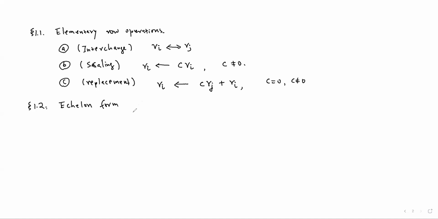But echelon form is not the simplest form. We can continue to introduce zeros to echelon form. The simplest form is reduced echelon form.